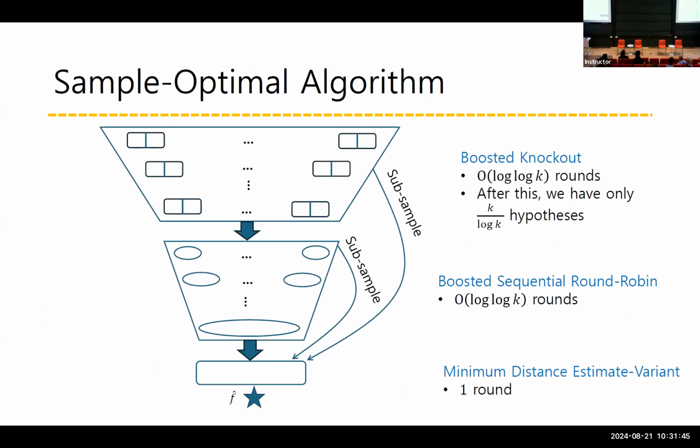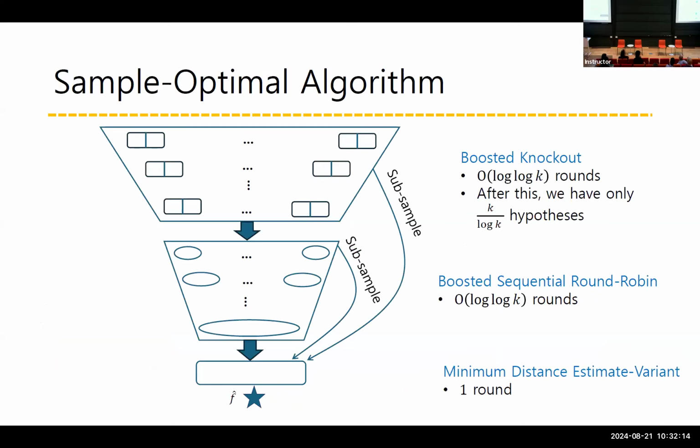So we now want to design a new algorithm that uses a small number of critical queries, so that we improve the bound. We start with some kind of knockout in the beginning of the tournament, because we want to go from k hypotheses to k over log k hypotheses.